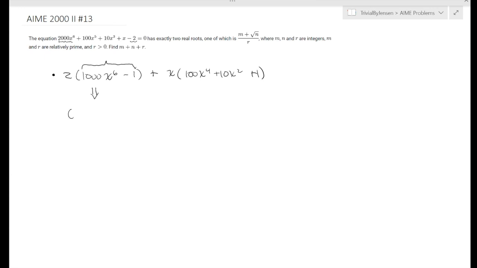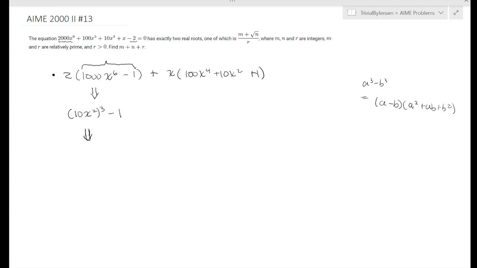So the cubes that this is a difference of would be 10x squared and 1, because 1 is the same as 1 cubed, and we can factor that in a special way. So I'll note as an aside that a cubed minus b cubed can be factored as a minus b times a squared plus ab plus b squared.